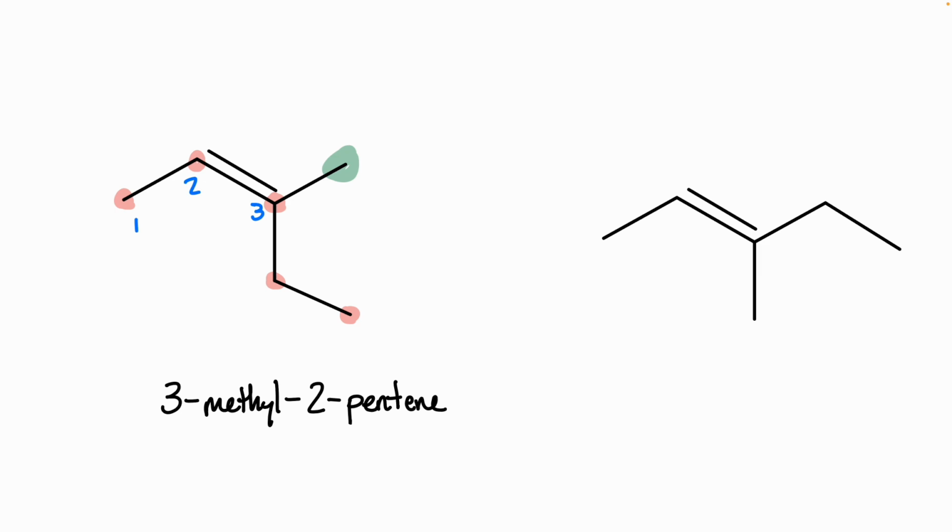Okay, and I want you to take a second and convince yourself that if we named this other molecule here, we would get the exact same name, 3-methyl 2-pentene. Now, not only do these molecules look different, they're drawn differently.